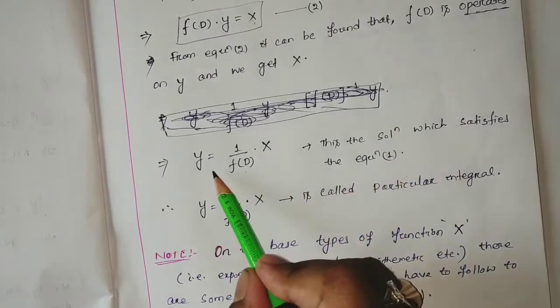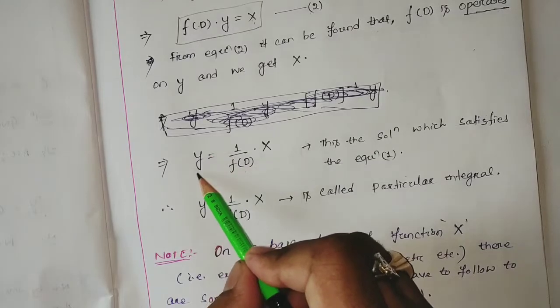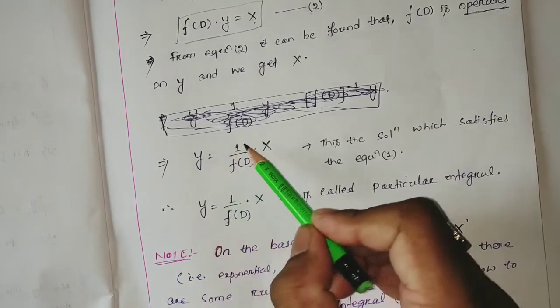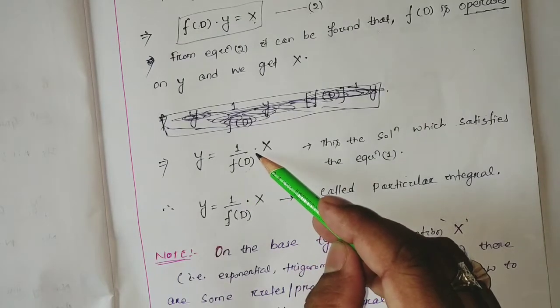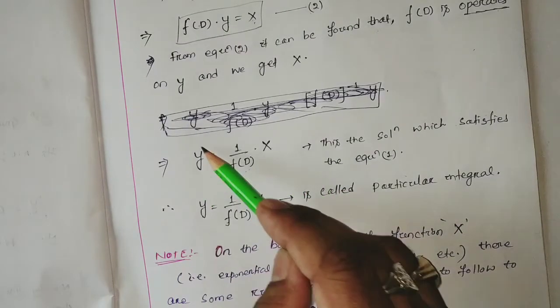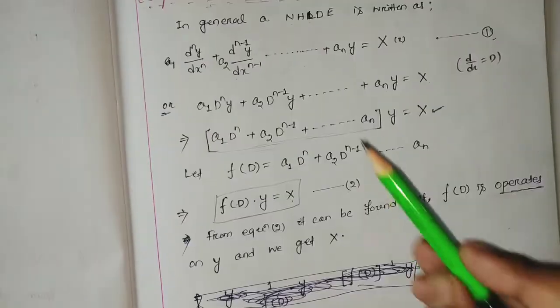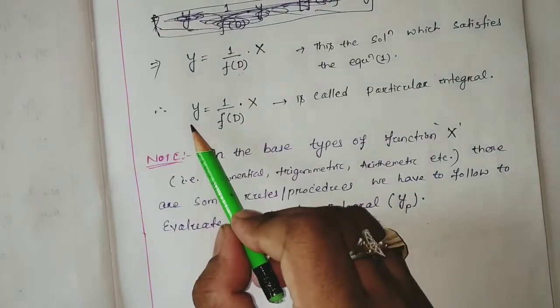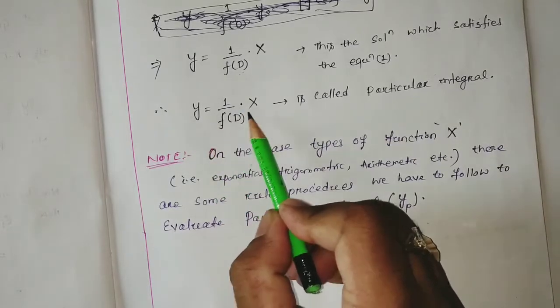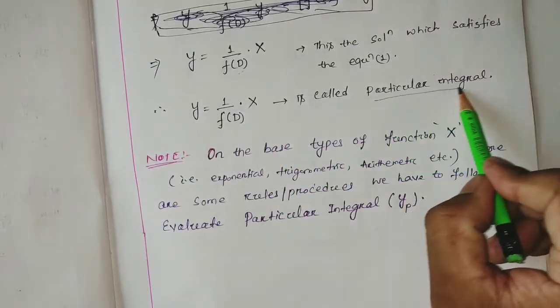So y equal to 1 by f(D) X has to satisfy equation number 1, and this is called your particular integral.